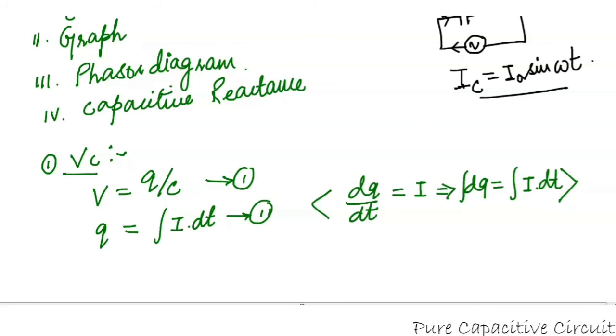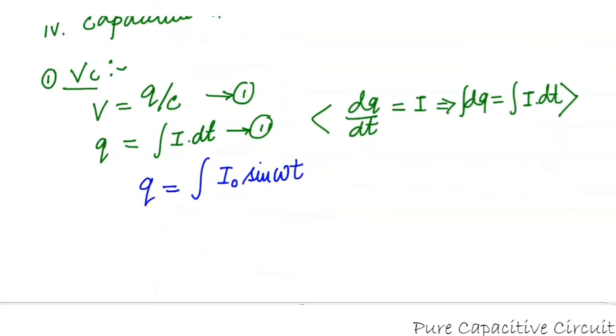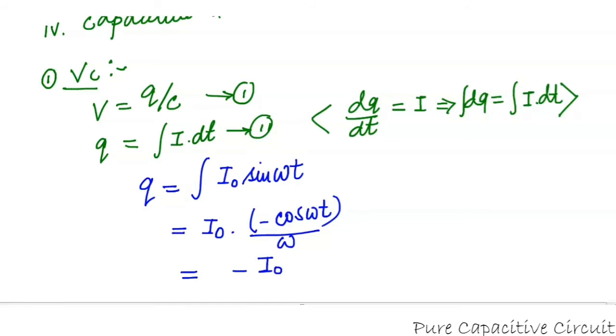In this case I is given, so Q equals the integration of I_0 sin(ωt) dt. The integral of sin(ωt) is −cos(ωt)/ω, so Q = −(I_0/ω) cos(ωt).